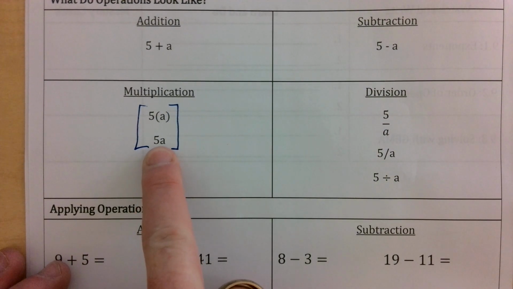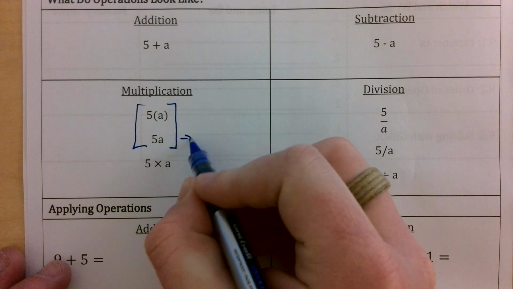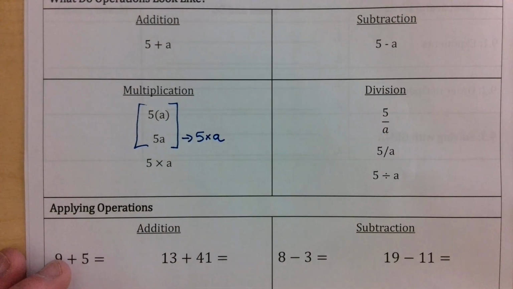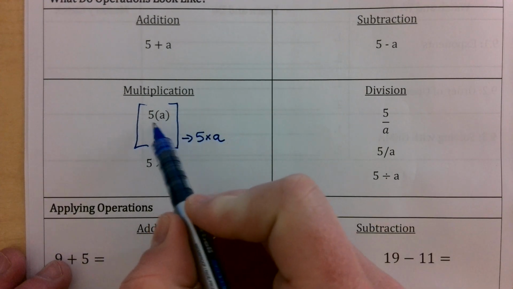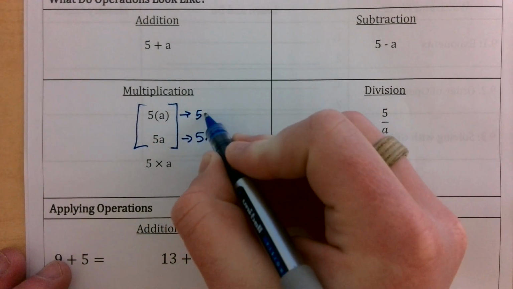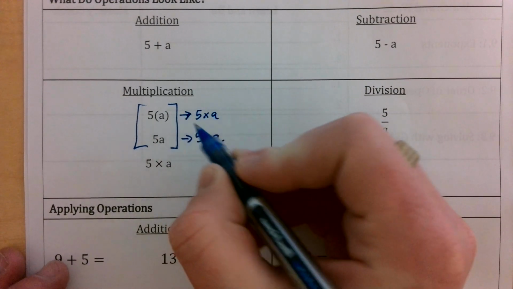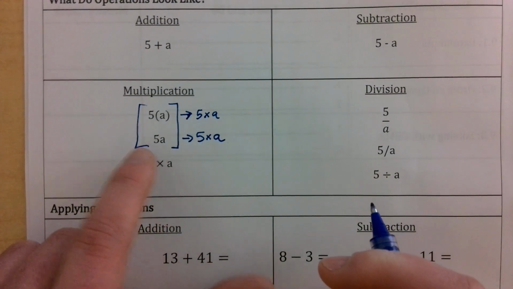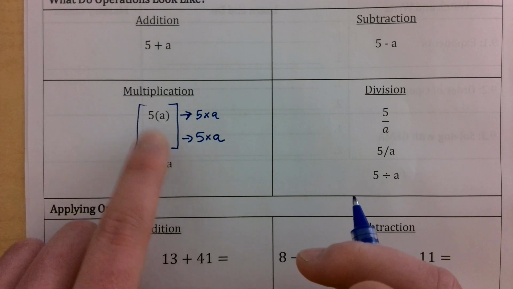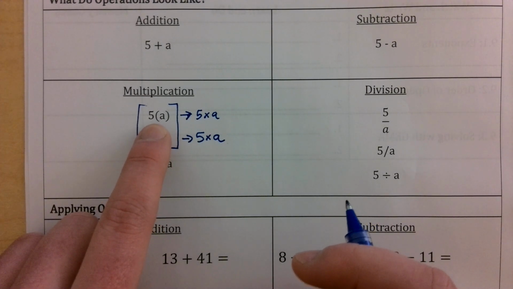This 5a really means 5 times a. Same here. 5 with an a in parentheses means 5 times a. My arrow's a little wonky. Notice there's no symbol in between the 5 and the a here. Here there's only parentheses, which is not an operation.